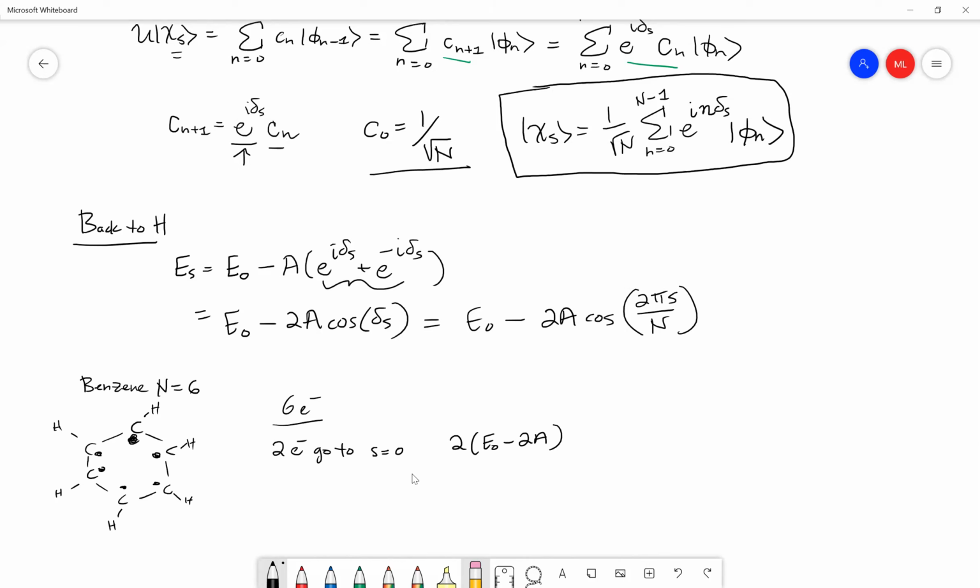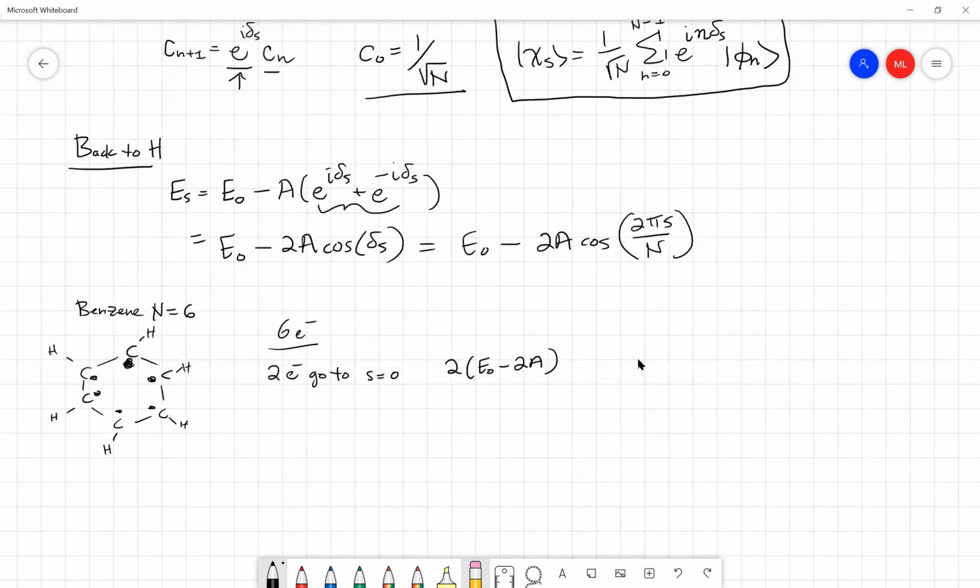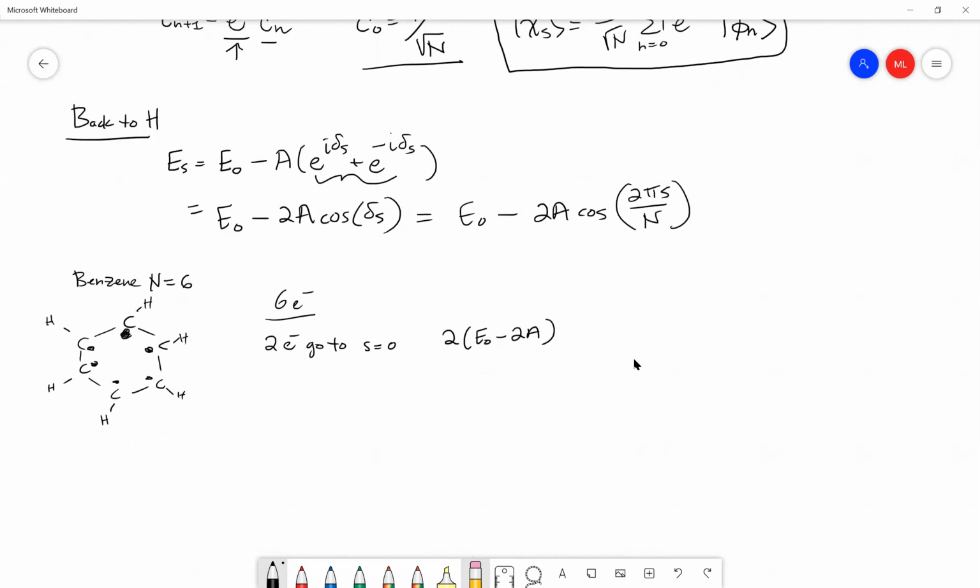Then we can look at the next state, where this cosine is as close as you can get to 1, which is the one where s is equal to 1. But notice there's a symmetry here.